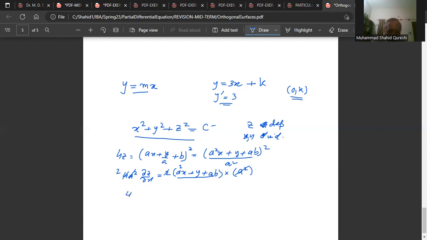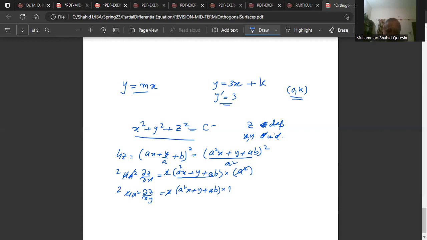And if I do the same with respect to y, for a square ∂z/∂y, again I will have a square x plus y plus ab raised to power, so the derivative of the power, into the derivative of the inside function, 1. And in this case only this changes.